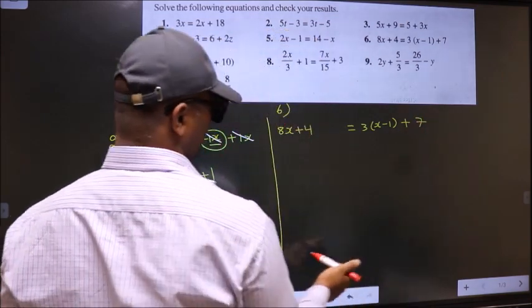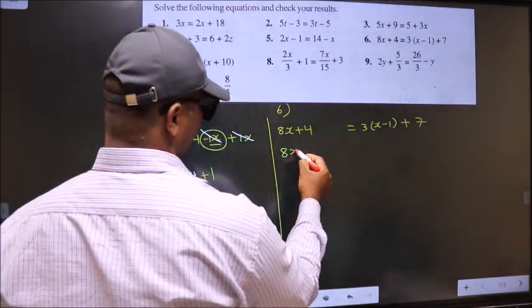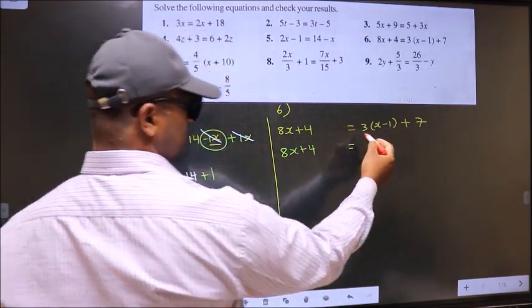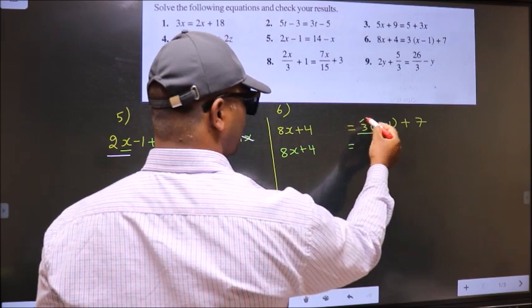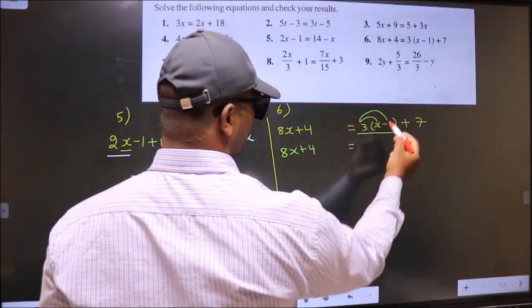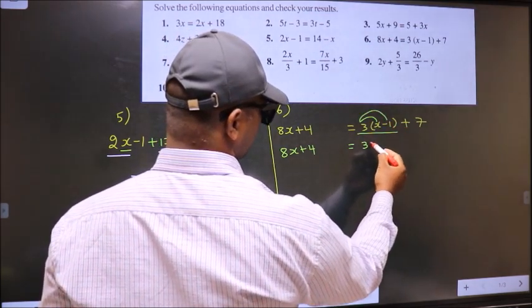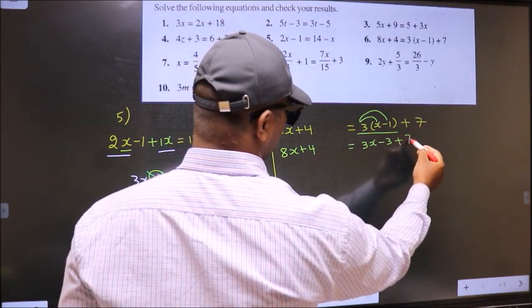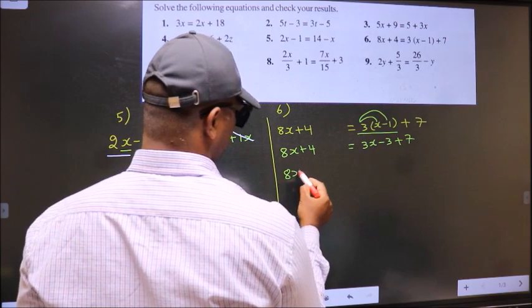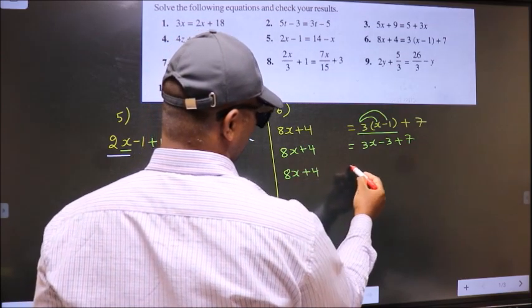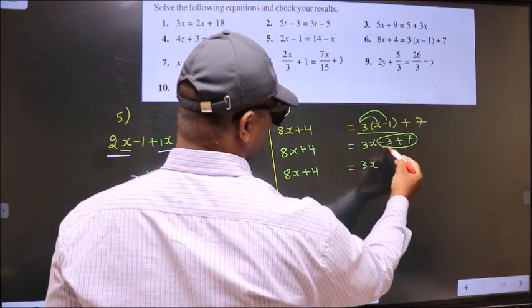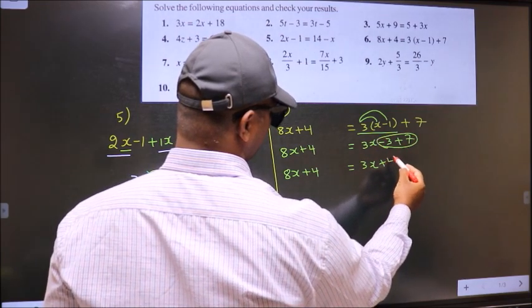Now, 8x plus 4 equal to, in this, we should open up the brackets in this way. 3 into x, 3x minus 3 into 1, 3 plus 7. So, 8x plus 4 equal to 3x minus 3 plus 7 is plus 4.